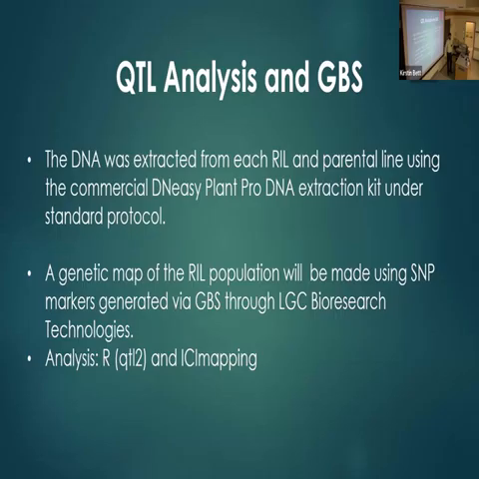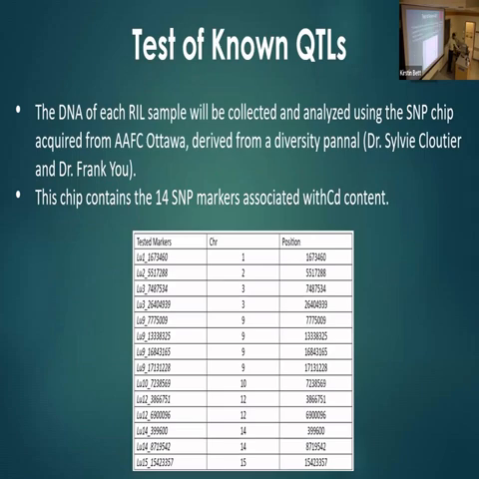If we are really lucky, we may find some novel locations, but that's again a nice to have, not the main goal. The main goal is to find existing markers in these specific areas.